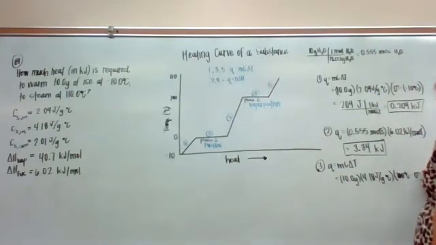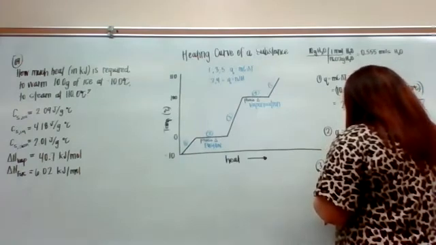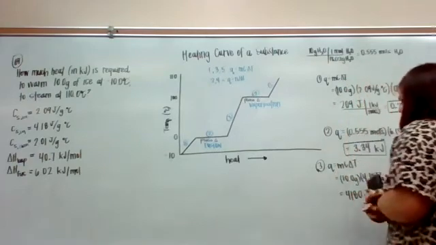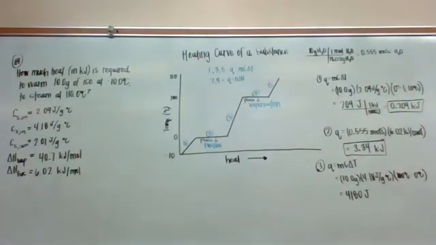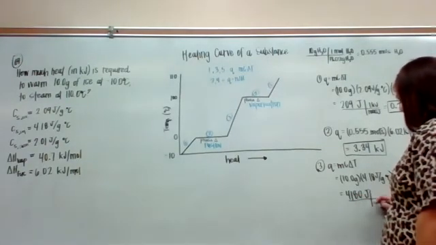My initial would be 0. So I'm going to do that. I get 4,180 joules. Again, let's go ahead and convert it to kilojoules. So I'm dividing by 1,000.